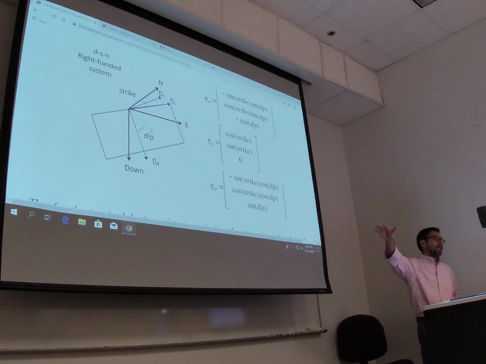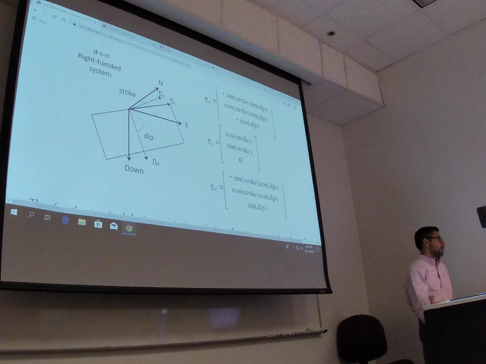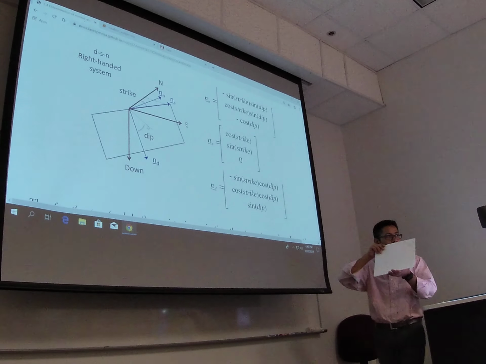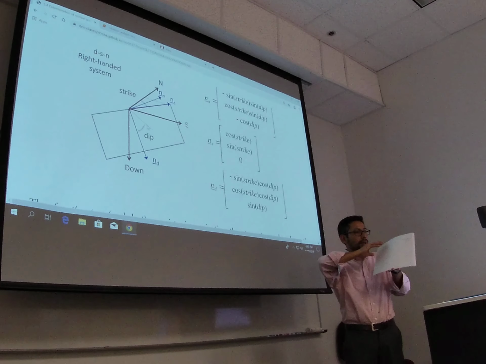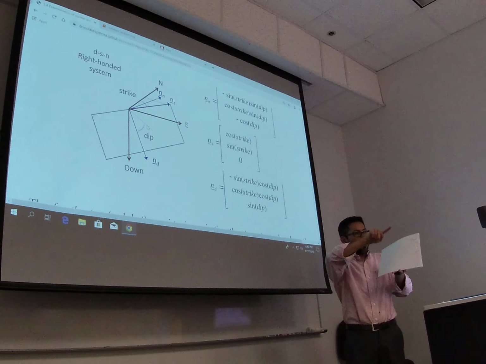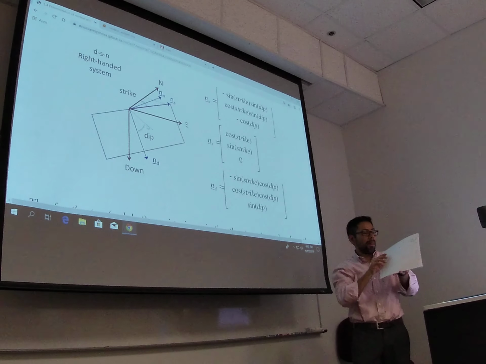So on a plane which contains the north and the east, that horizontal plane contains this line. And the angle between the line of maximum slope of that plane with the horizontal plane is the angle of dip. Right? Yeah. So physically, if this is the plane, and this would be the horizontal plane, the dip would be this angle. Okay?